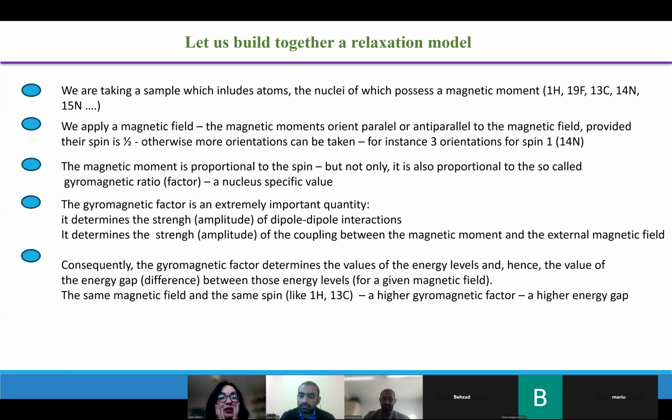So for a while, we are taking a sample which includes atoms, the nuclei of which possess a magnetic moment. And this is the first surprise: protons, 1H nuclei, are only one example. You see here also other nuclei. For instance, nitrogen is very often present in biological samples.